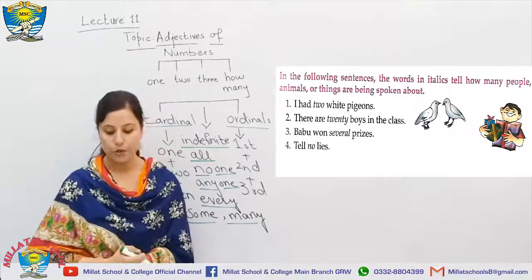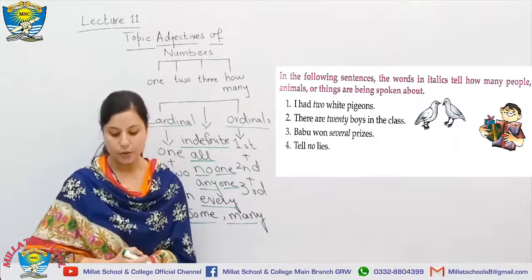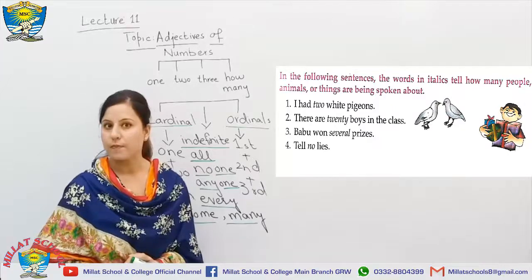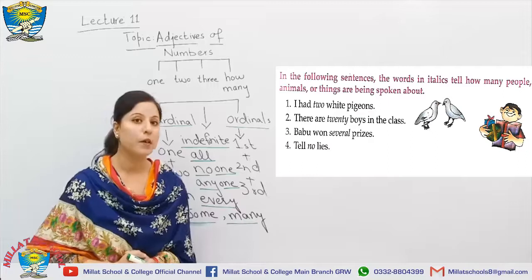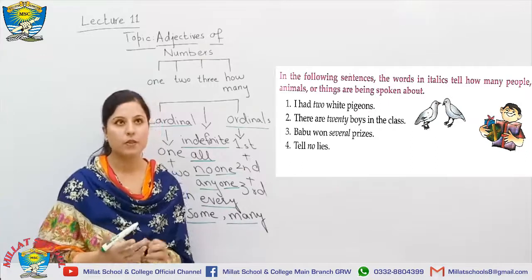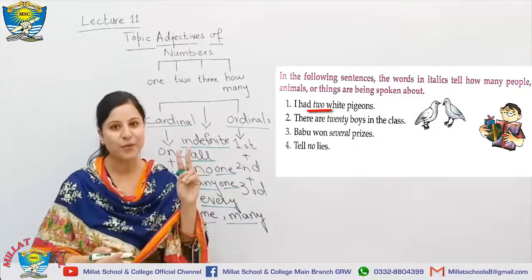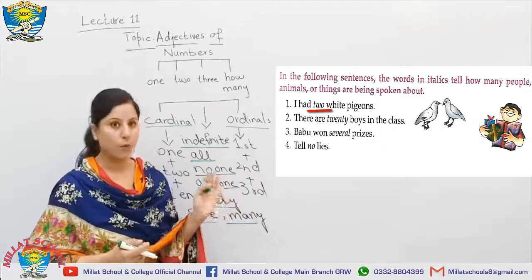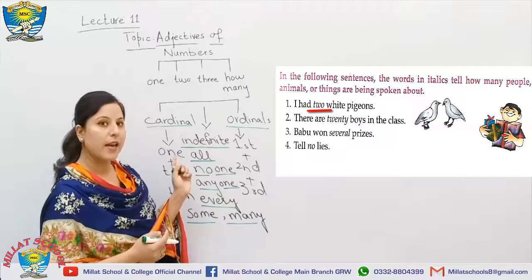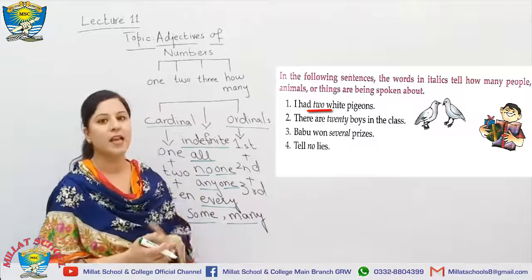So see the first sentence. I had 2 white pigeons. What number has been used? Great! 2. So 2 is your adjective of number. Which kind is it related to? It is related to the cardinal type.